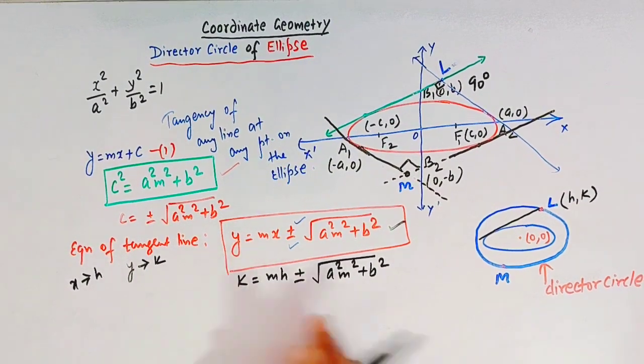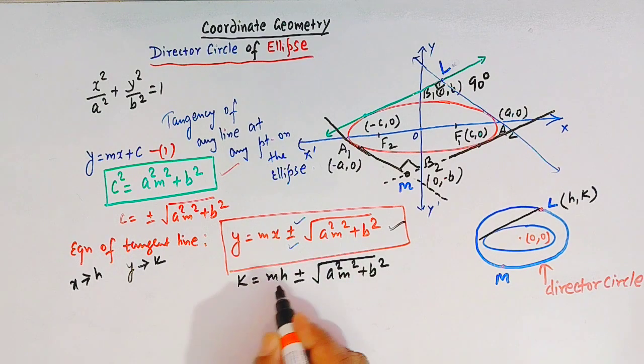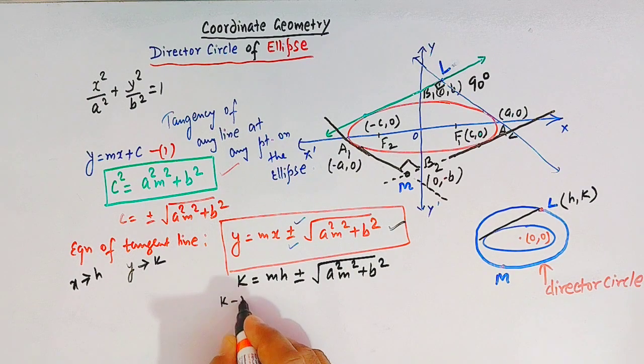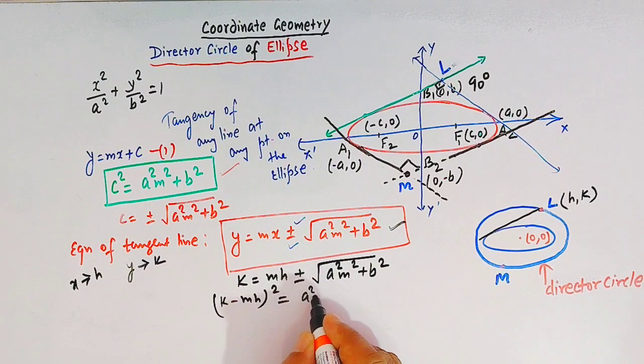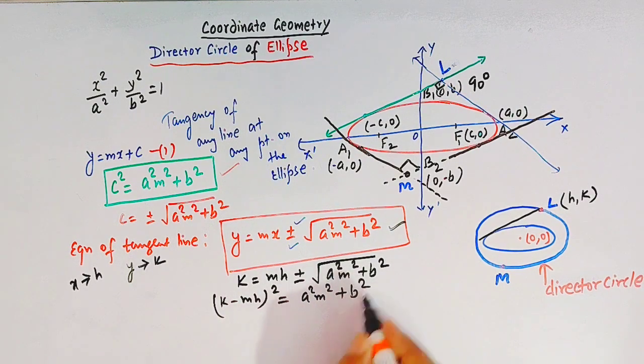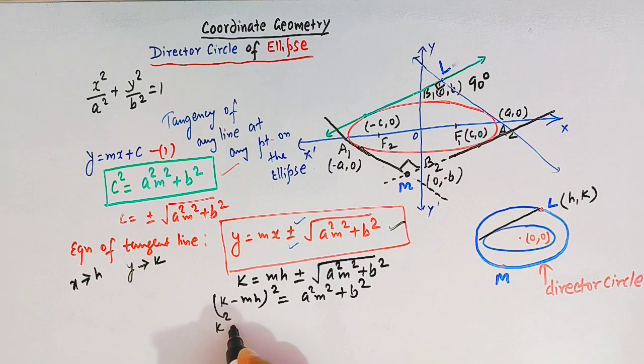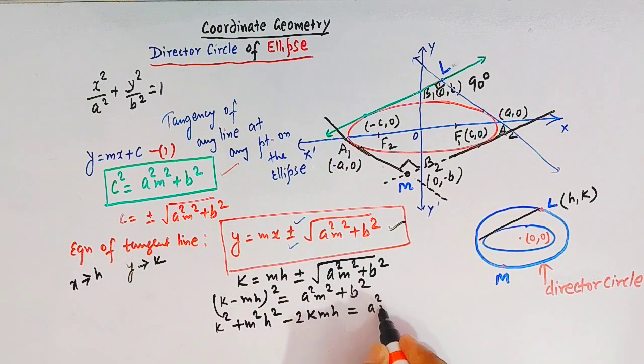Now let us simplify this equation. Taking this quantity to this side, we'll get k minus mh, and then squaring both sides, we'll get a square m square plus b square. So here we have k minus mh whole square, which can be written as k square plus m square h square minus 2kmh, and this is equal to a square m square plus b square, right? Now we can frame a quadratic equation in m.